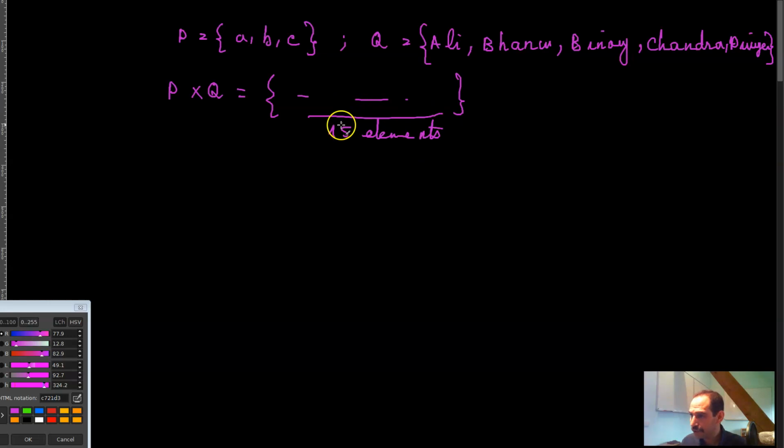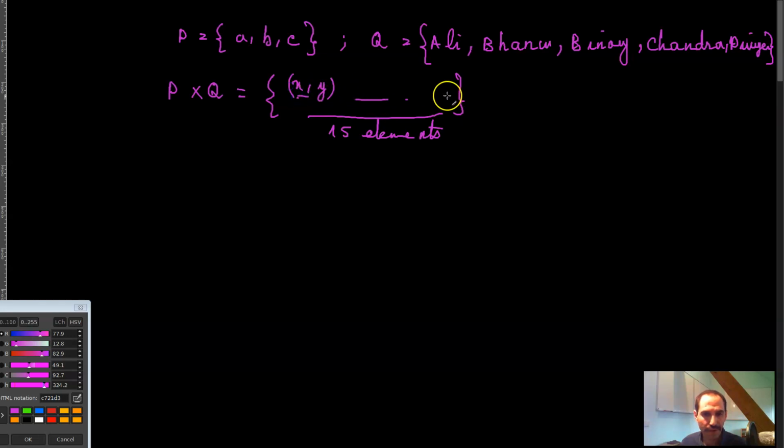Now in this situation, I can obtain a subset of P and Q by introducing a relation between the first element and the second element of this set X and Y. Right?